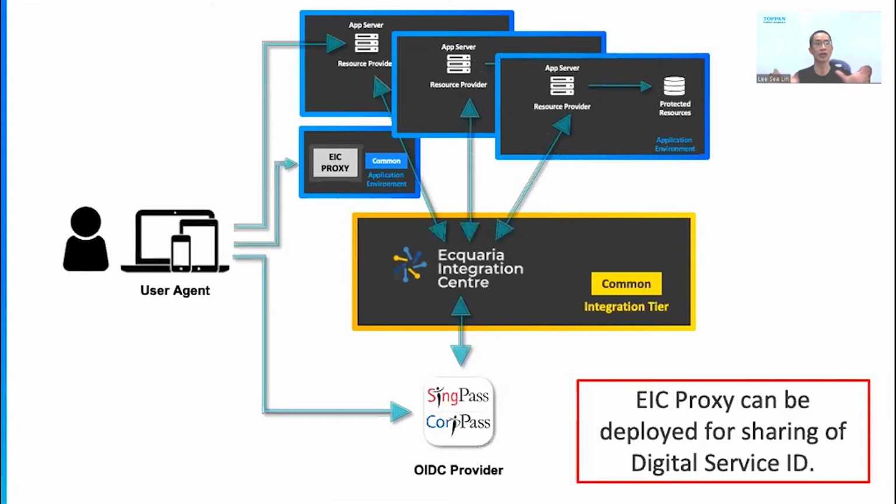So this is how we can handle multiple applications with the same digital service ID. Okay, so that's some of the ways EIC can be deployed. If you have any specific requirements, feel free again to ask in the Q&A session, or you can reach out to me after this webinar.